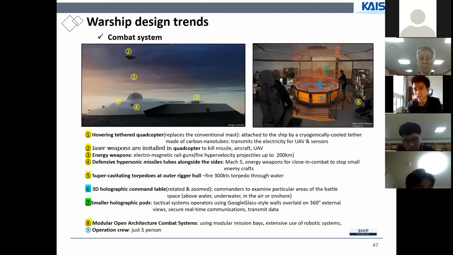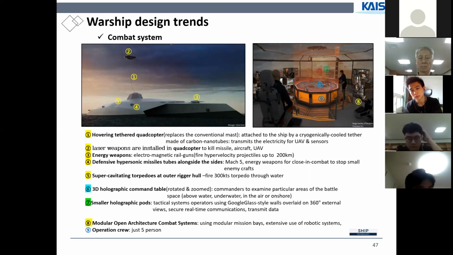3D holographic command table, as you see that. Rotate and zoom. Commanders examine particular areas of the battle space, above water, underwater, in the air, or offshore, onshore. All the situation on the board is holographically displayed.